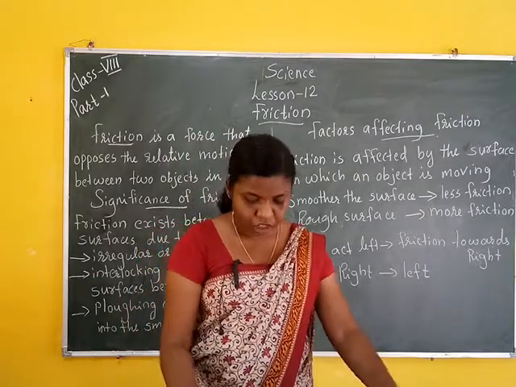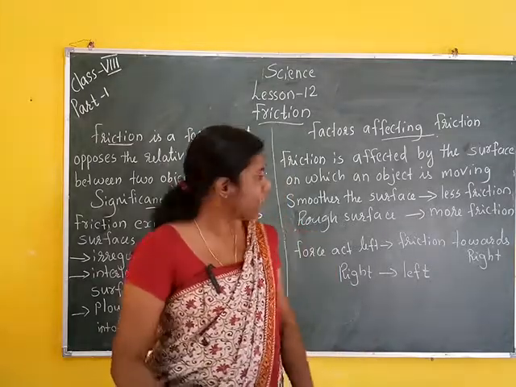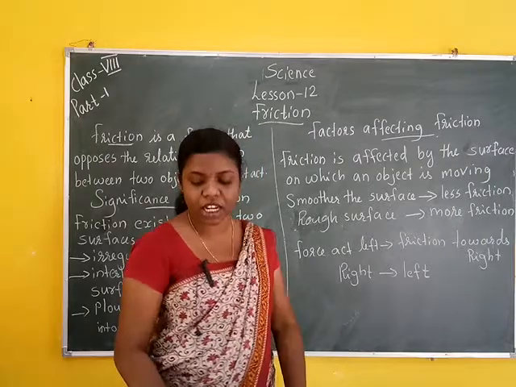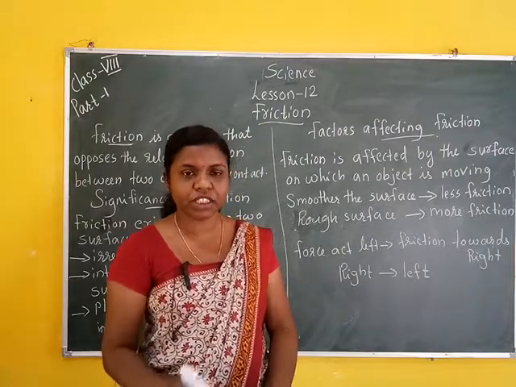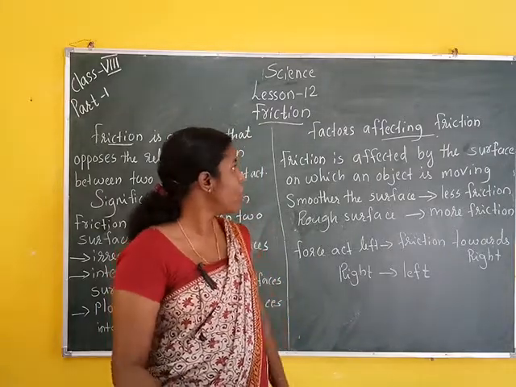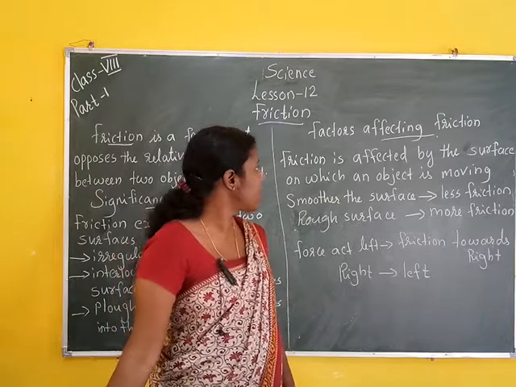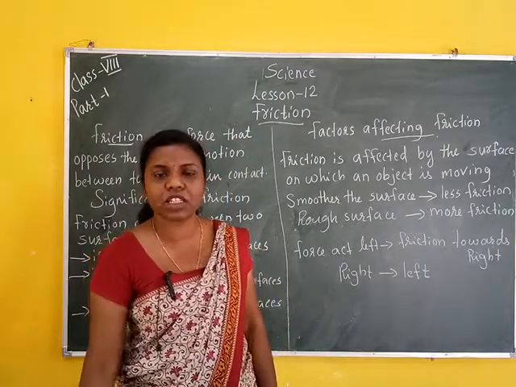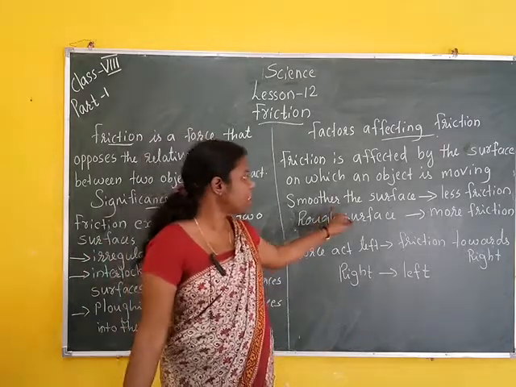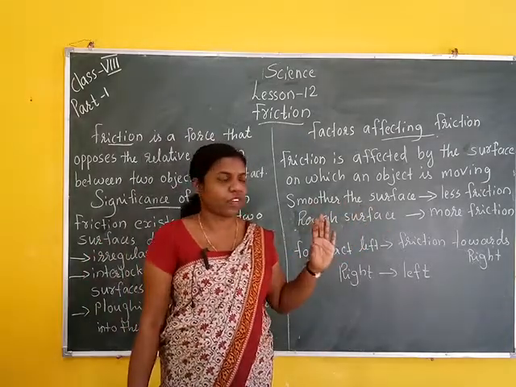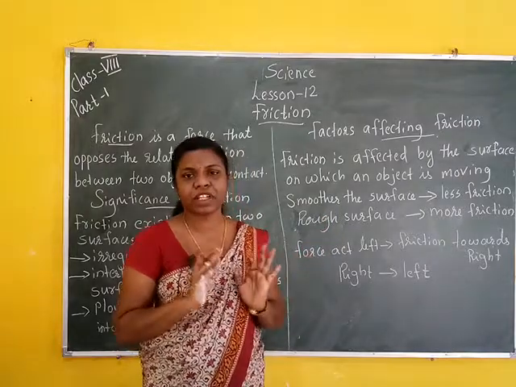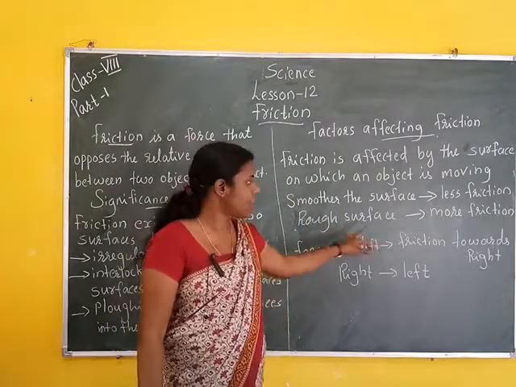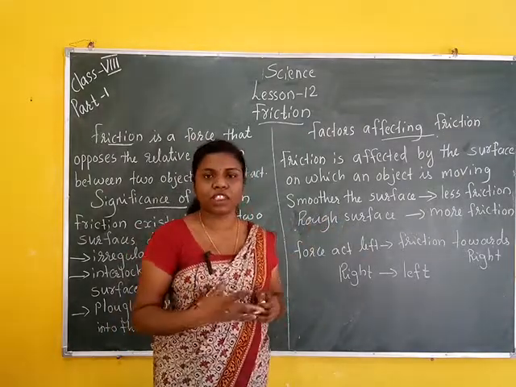Next is factors affecting friction. Friction is affected by the surface on which an object is moving. If there is no contact, friction is absent. On a smoother surface, there is less friction. On a rough surface, there is more friction.